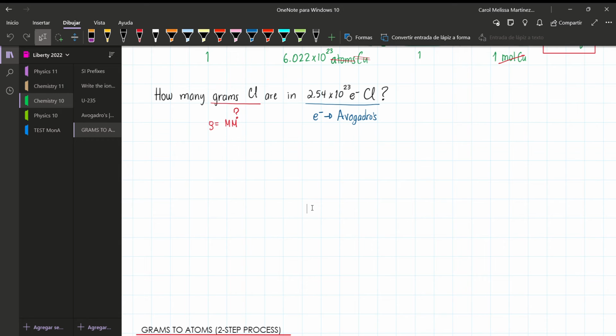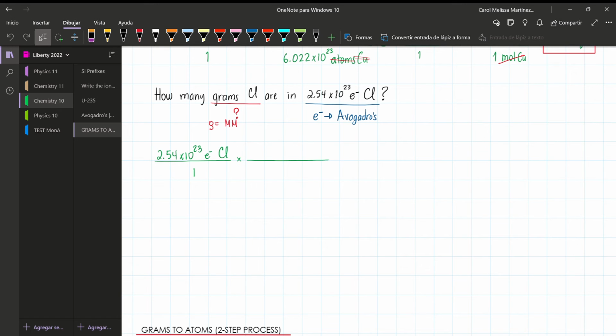So we start with the given and we say 2.54 times 10 to the 23 electrons of chlorine. And I will put 1 in the bottom. Okay? What conversion factor do I have to use?